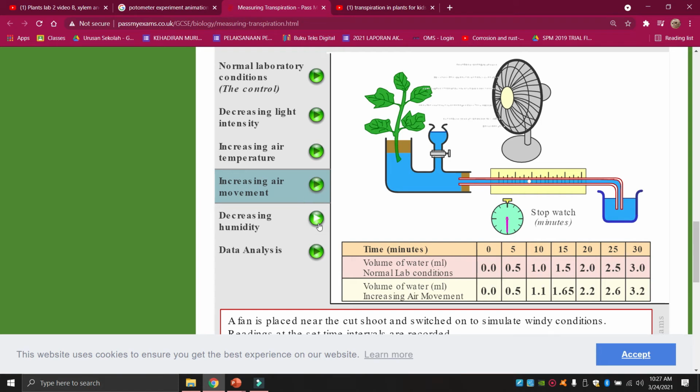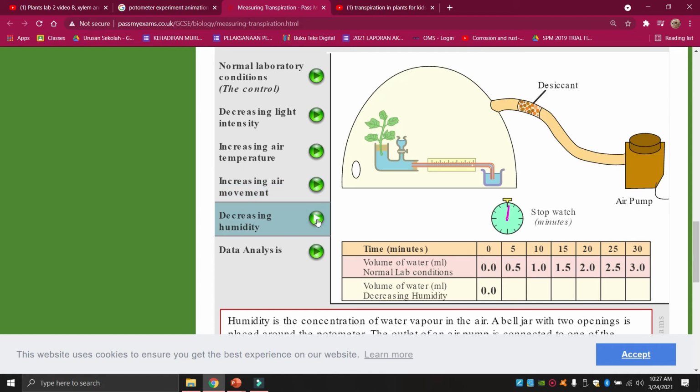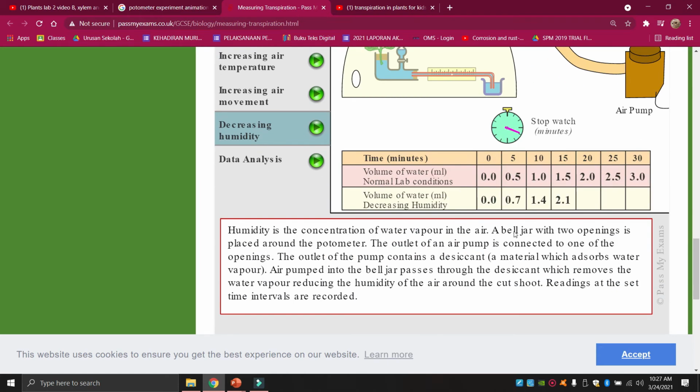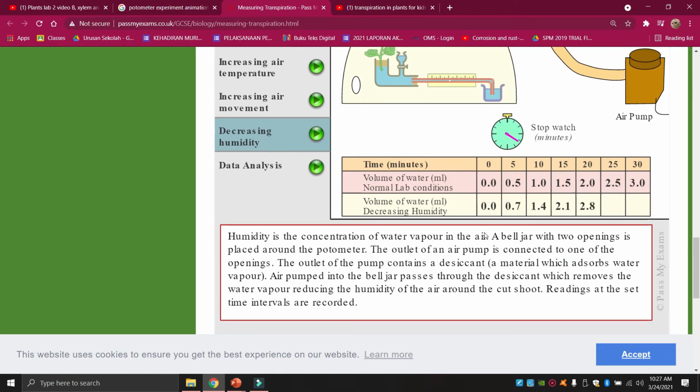So the next one, decrease the humidity. This one is actually the air pump. The air pump will move out all the air, all the water vapor contained in this place here. So the humidity will be pumped out.